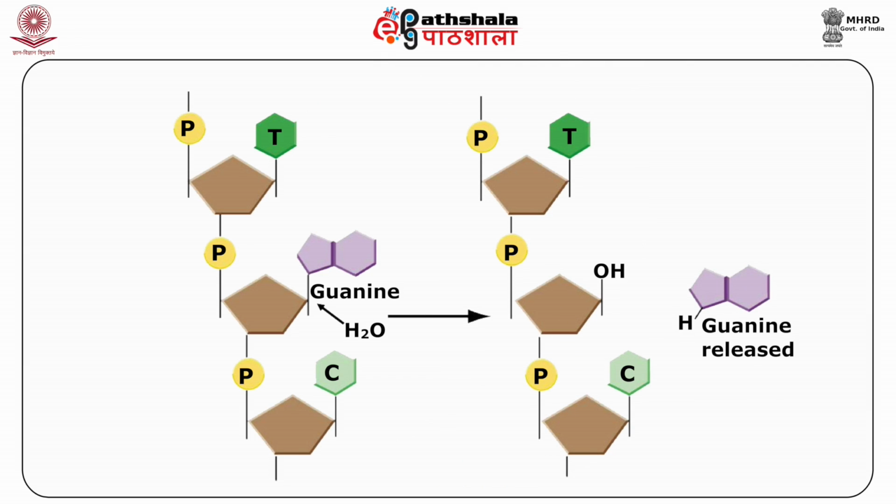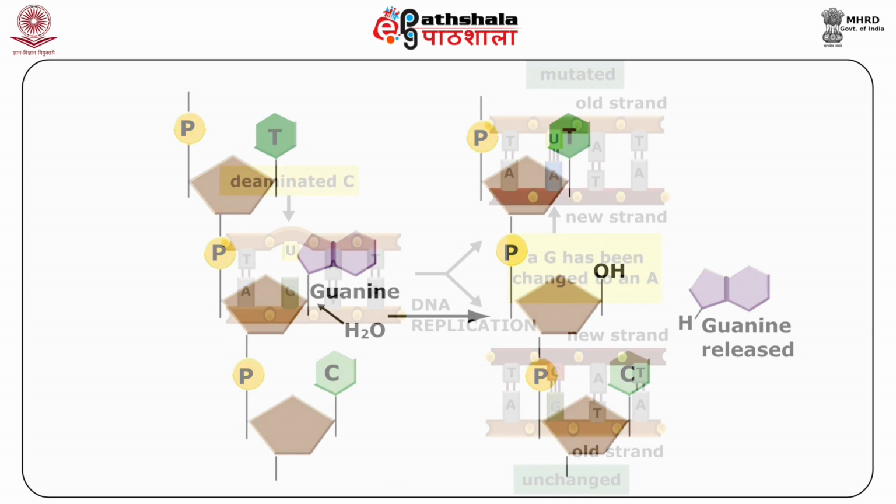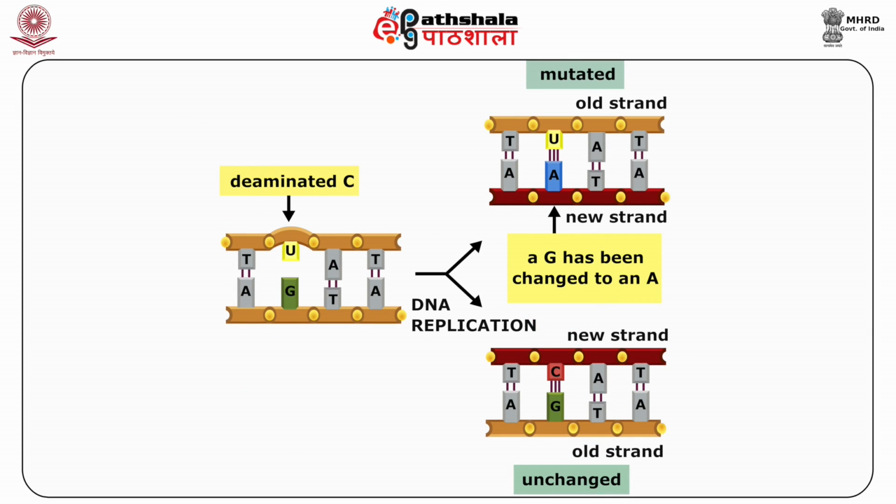Second is depurination, that is, the loss of a purine base, A or G, to form an apurinic site, that is, an AP site.